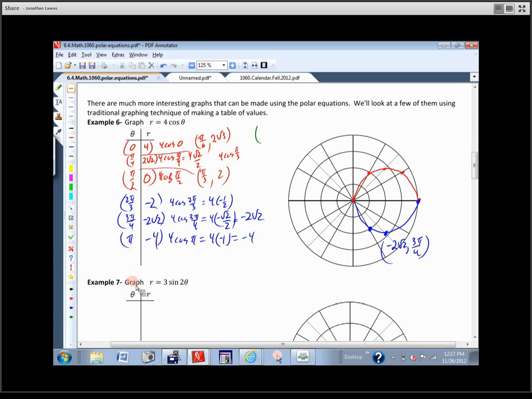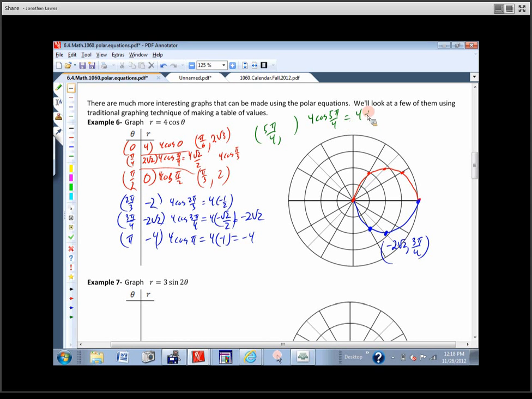Anybody wonder what happens if we do this? What if I said, well, we went from 0 to pi. What if we did 5 pi fourths? What if I pointed in this direction right here? Well, let's see what happens. This would be 4 times the cosine of 5 pi fourths.